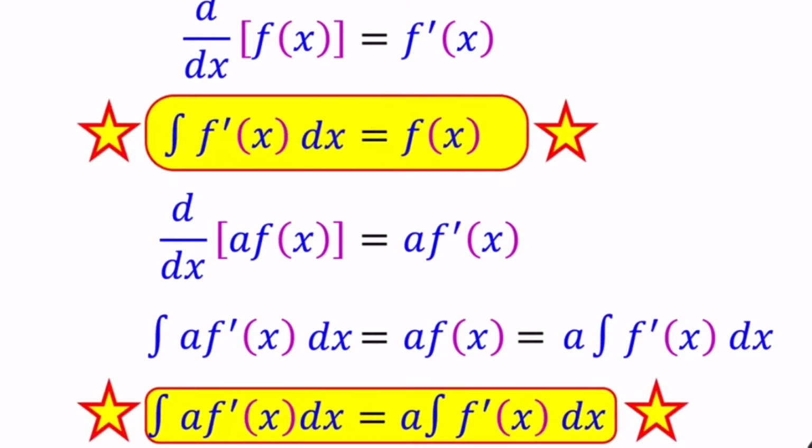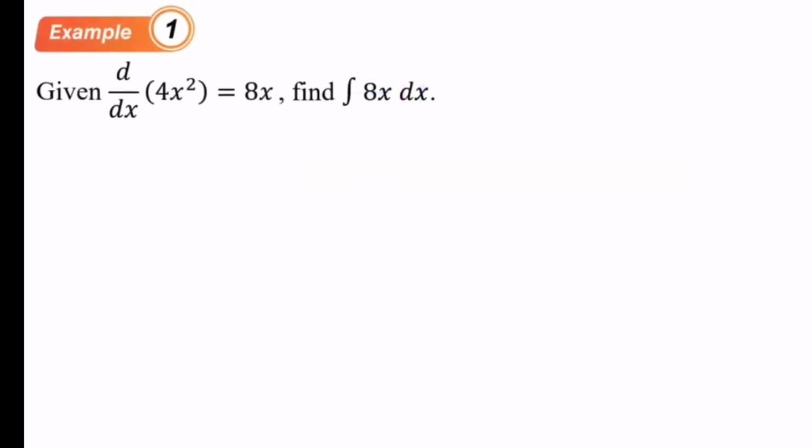So we differentiate 2x squared, of course we get 2 times 2x. The 2 is the a, in fact. So when you integrate back 2 times 2x, we get 2x squared. That is the meaning. Can you see there are 2 stars there? You just memorize these 2 important concepts. Integrating any dy/dx will give you f(x).